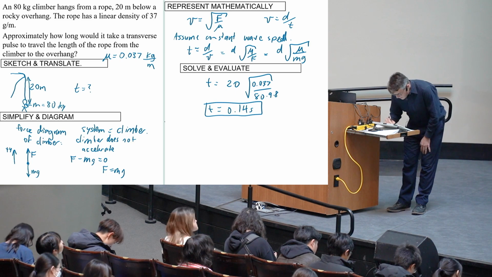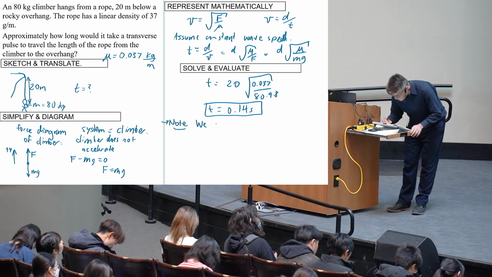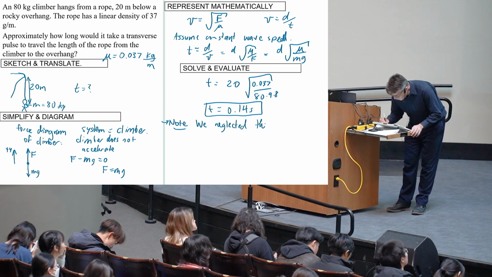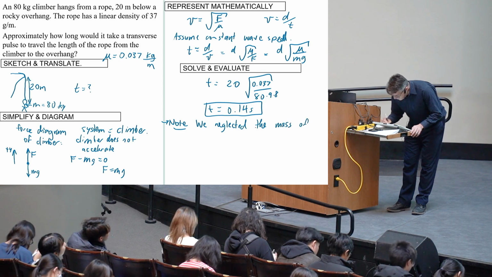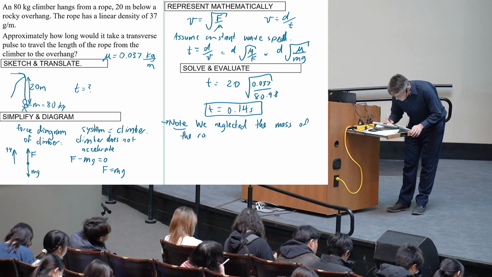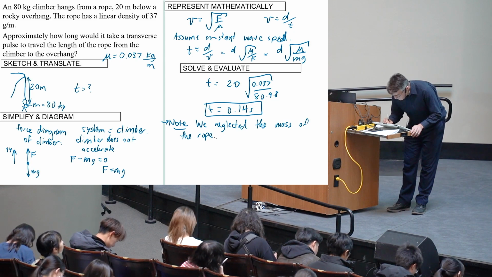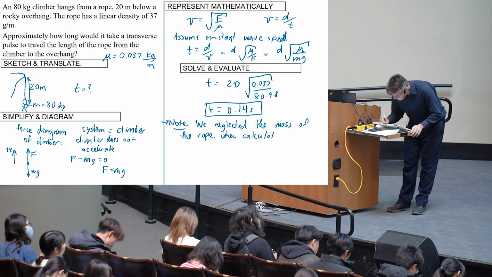But what's interesting is, I'll just note here that we neglected the mass of the string, or the rope. And the reason I did that is because we neglected the mass of the rope when calculating tension.